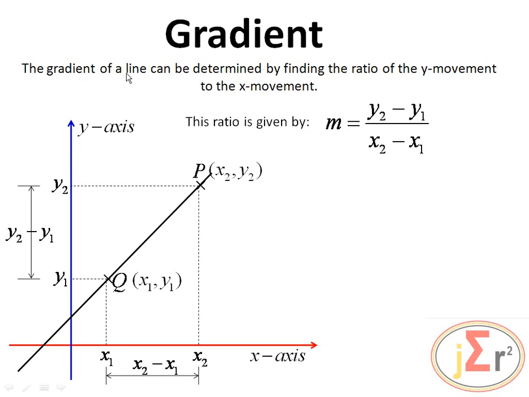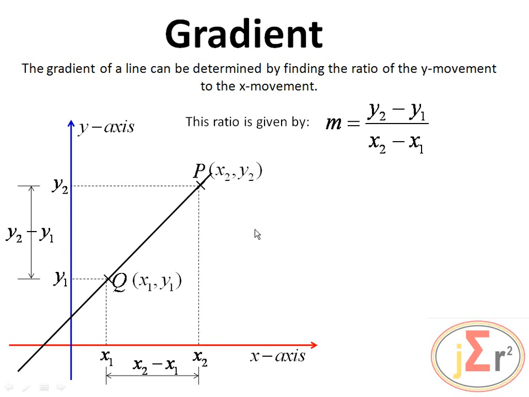The gradient of a line can be determined by finding the ratio of the y movement to the x movement. So it's the ratio of the y movement to the x movement. Let's look at the y movement. The y movement is from here to here, which is y2 minus y1, and the x movement is from here to here, which is x2 minus x1.